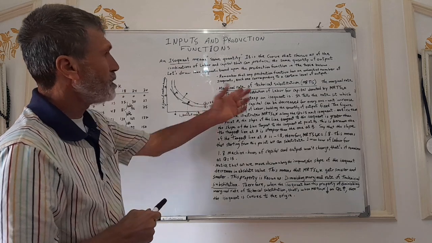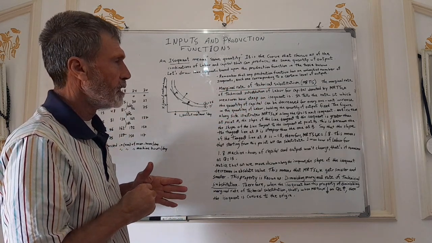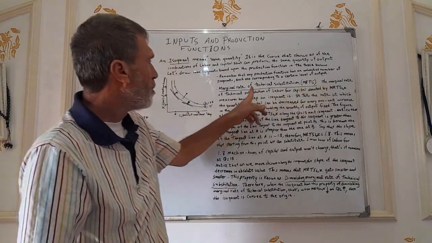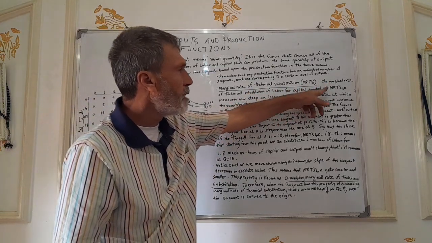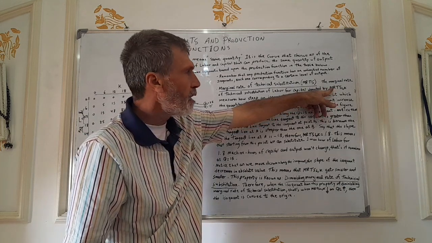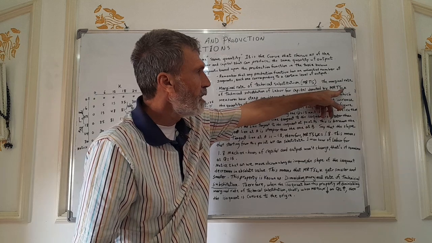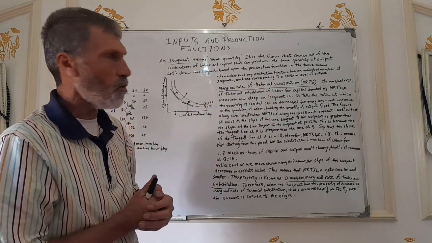Okay, now let's look at the marginal rate of technical substitution. What do we mean by this? The marginal rate of technical substitution of labor for capital, denoted MRTS_LK, measures how steep an isoquant is.